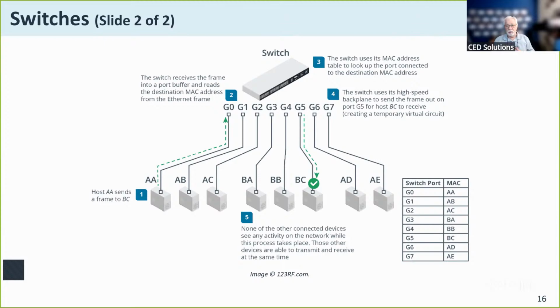So if I'm the computer in port 15 and I want to talk to the computer that's in port 1, I don't broadcast that message to every port on the switch. It broadcasts it into the switch. The switch looks at the CAM table and says, oh, okay, the computer you're wanting to talk to is plugged into port 3. So then it establishes a direct port-to-port communication between me and the computer in port number 3. Okay?